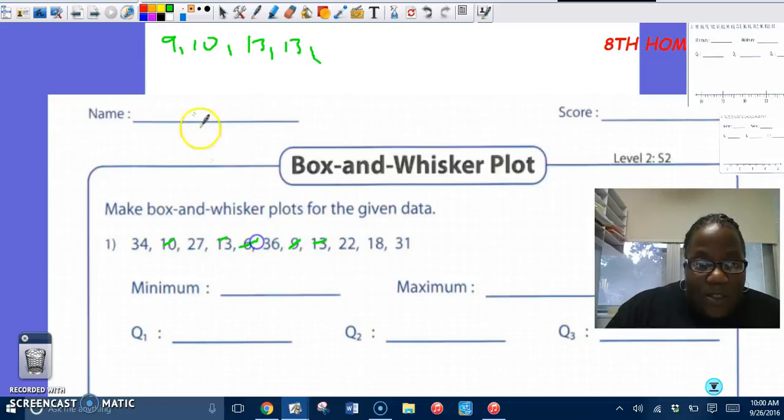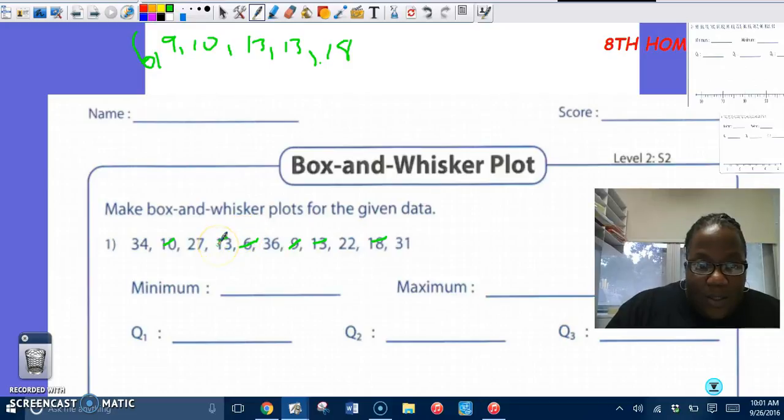Oh, my smallest number was 6. Hope you caught that. Then after 13 would be 18. Okay, I've got to make that neater. So 6, 9, 10, 13, 13, 18.